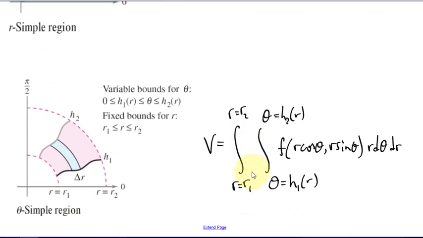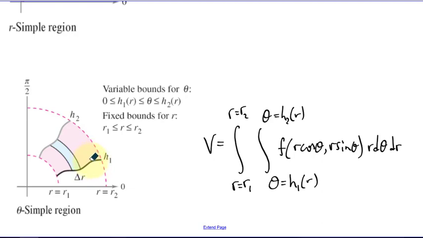And the other one is a region that is like this sort of theta simple region. And what we have there is variable bounds for the theta. So the angle actually depends on how far you are from the origin. So depending on your R position, you'll have a changing theta, right?